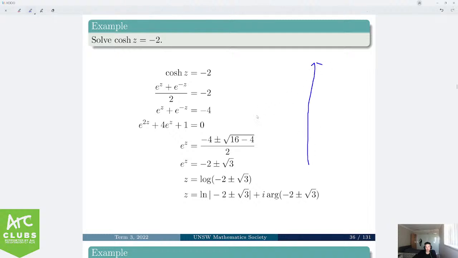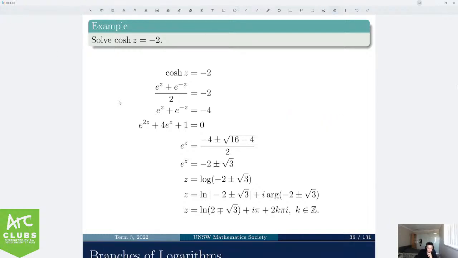Now, -2 plus or minus root 3, both branches are always going to be negative numbers. And hence the argument of -2 plus or minus root 3 is going to be pi plus 2k pi. And that's where we get these solutions from.